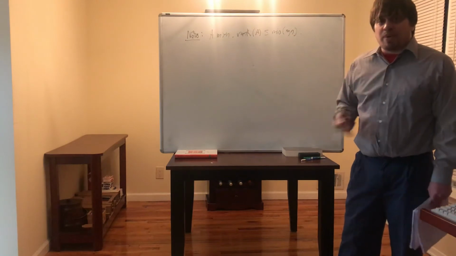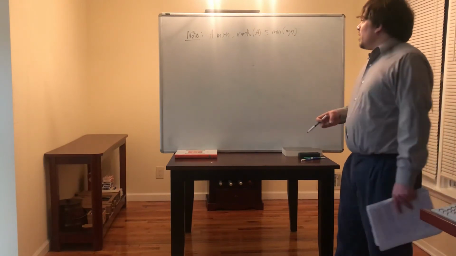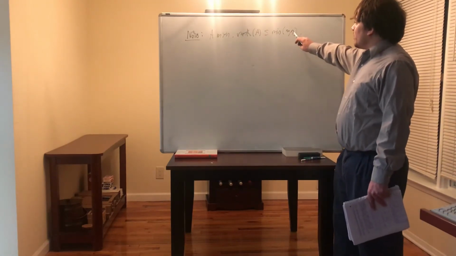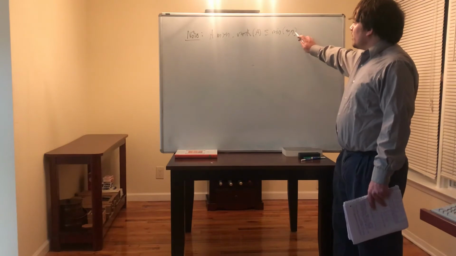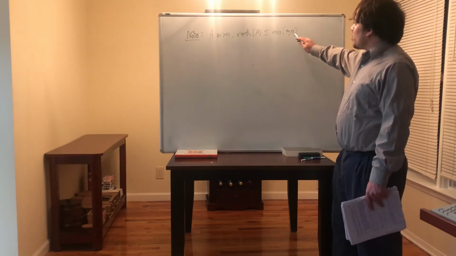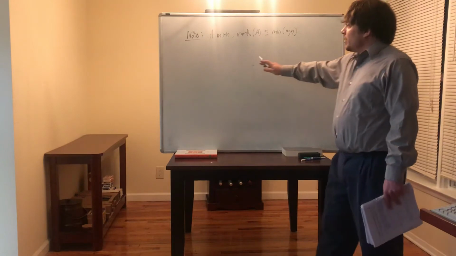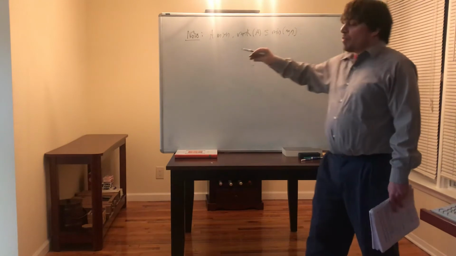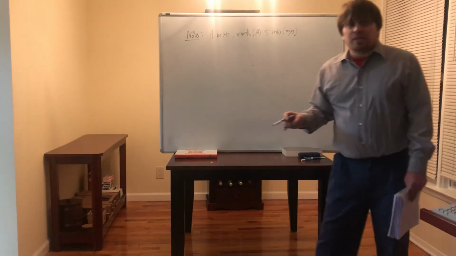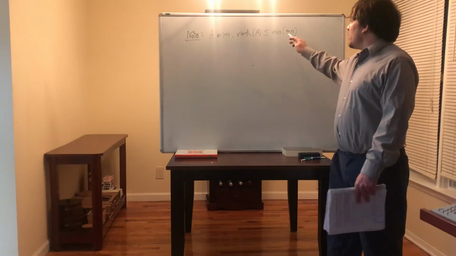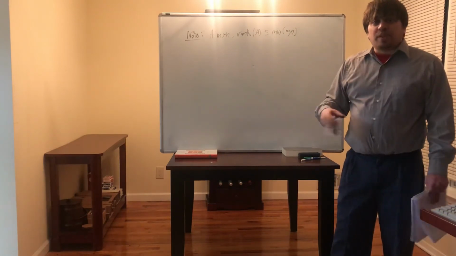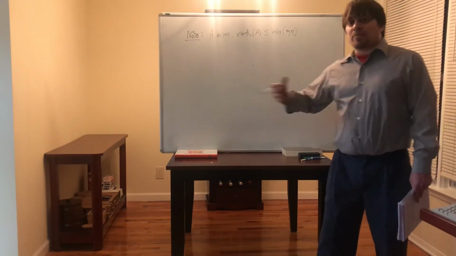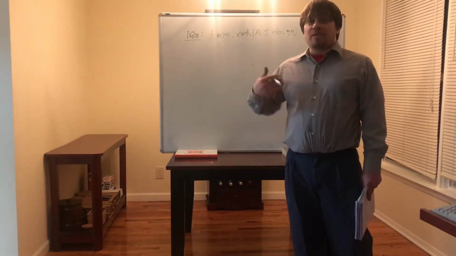If the rows of A are in Rn, the dimension of the row space is at most n, but the columns of A are in Rm, and the dimension of the column space is at most m. So each space has a dimension at most m and n, but they're the same. If the dimension of both spaces are the same, and one is at most m and the other is at most n, they're both at most the min of m and n.